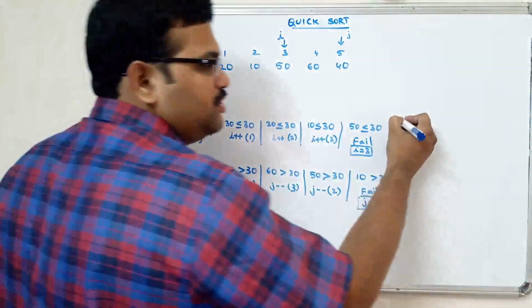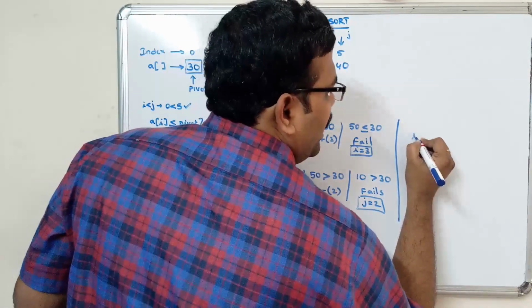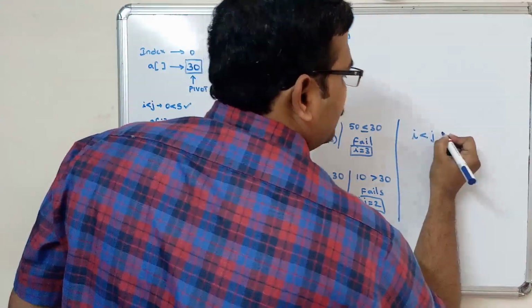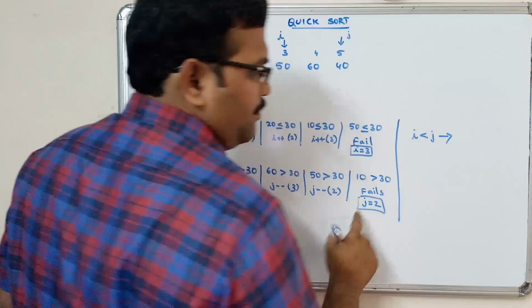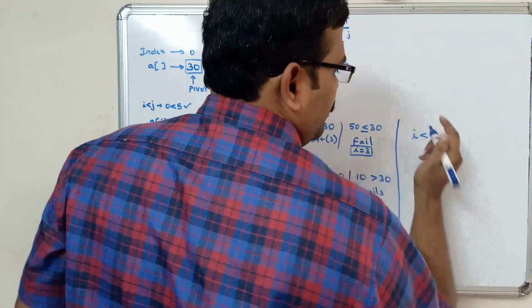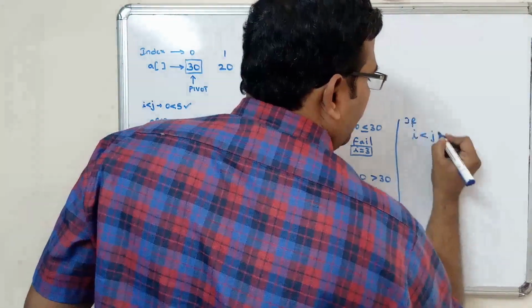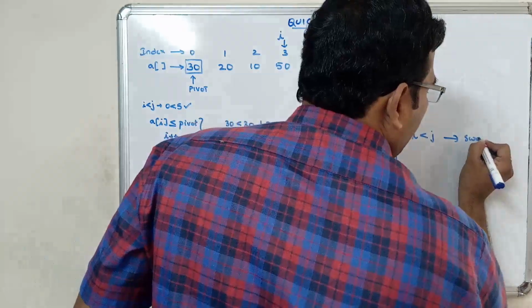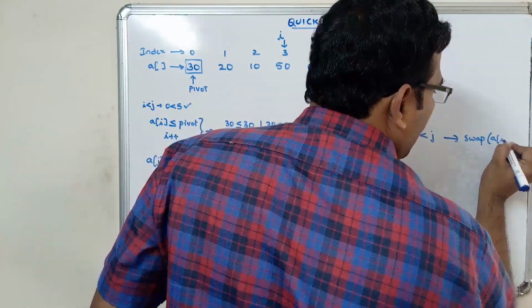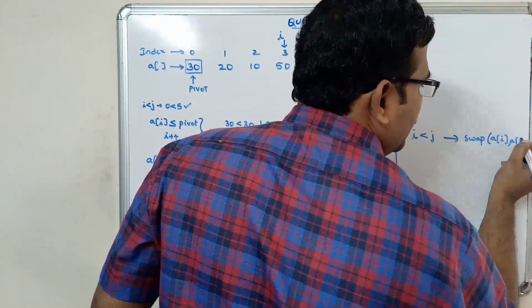Now we have to check whether i is less than j. If i less than j, then swap a of i element with a of j element, right?